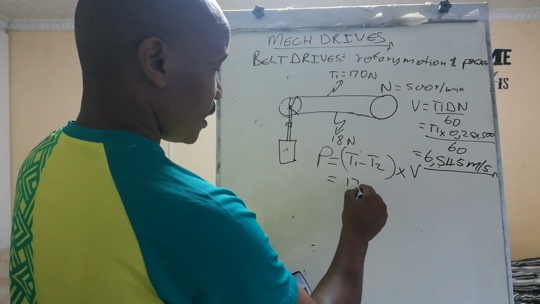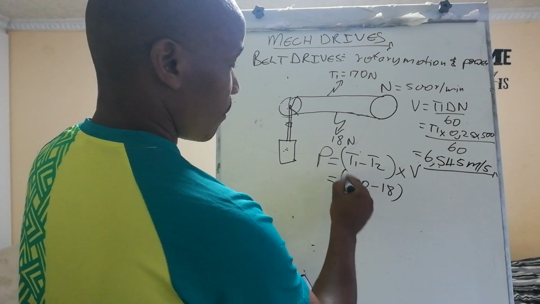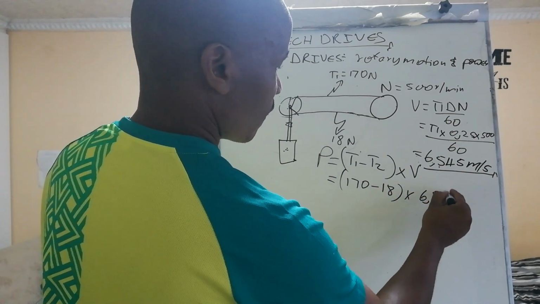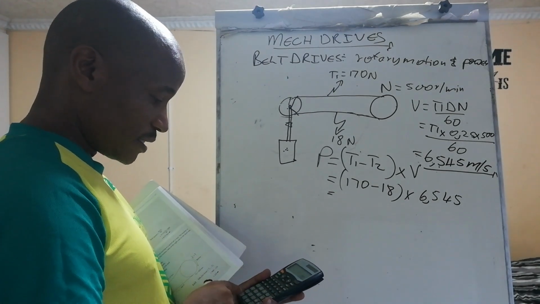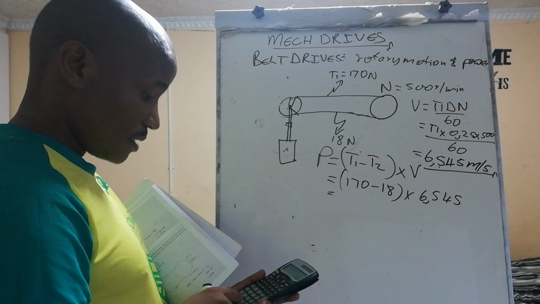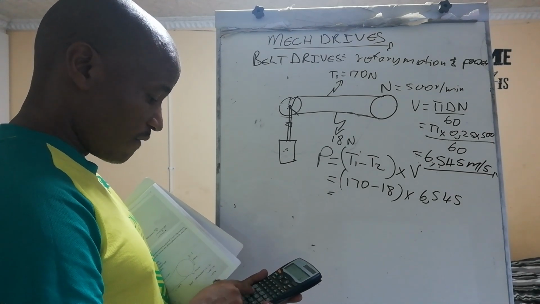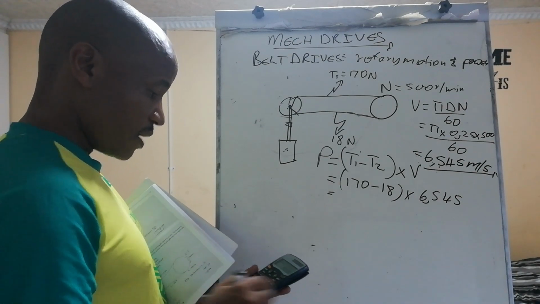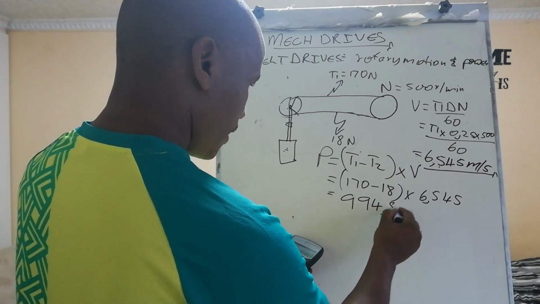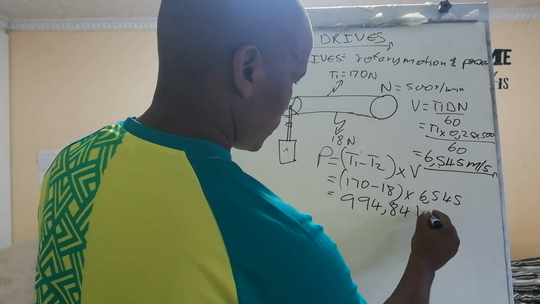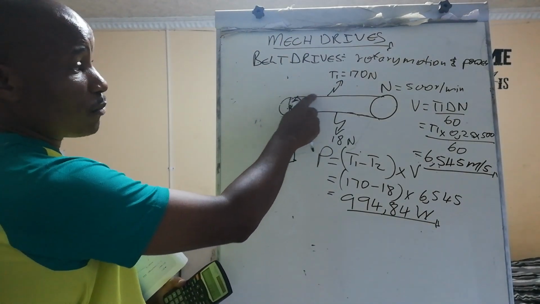This is 170 minus 18 multiplied by 6,545. 170 minus 18 is equal to 152 multiplied by 6,545. It's 994,84 watts. This is the power transferred by this motor here.